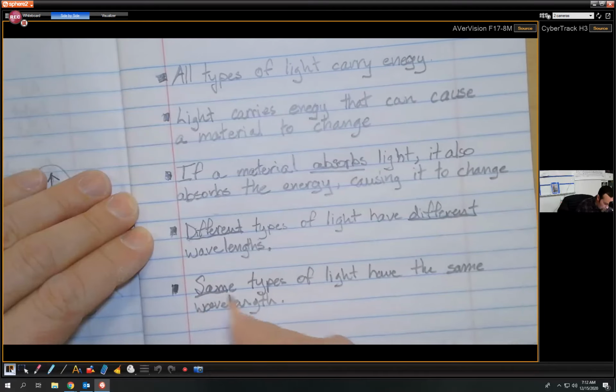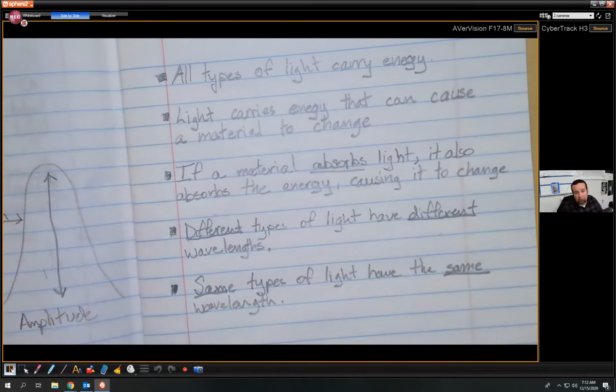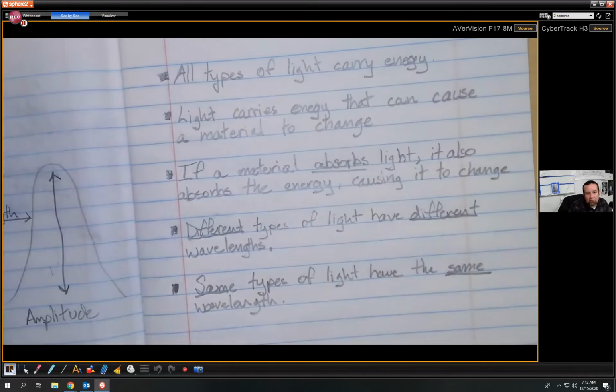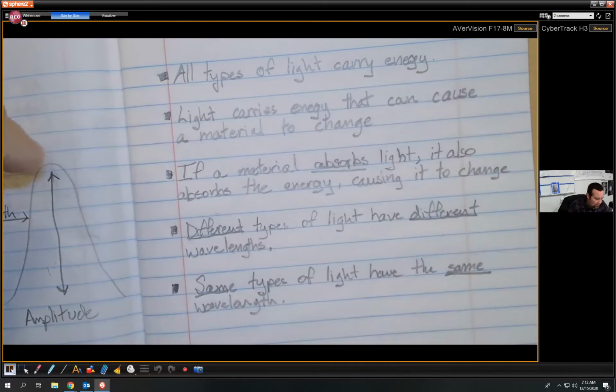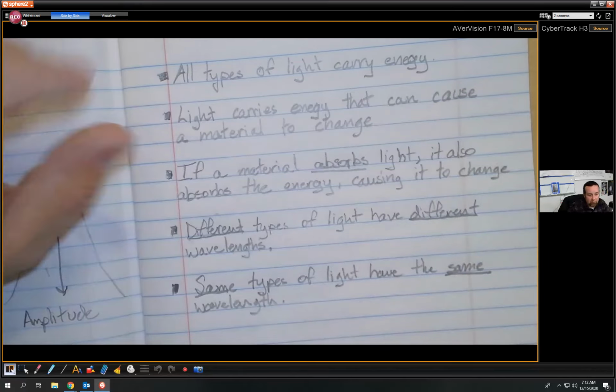So again, guys, if you get a question that says, hey, here's 3 lasers, which one's different? You need to look for the wavelength. That's what these statements are saying.